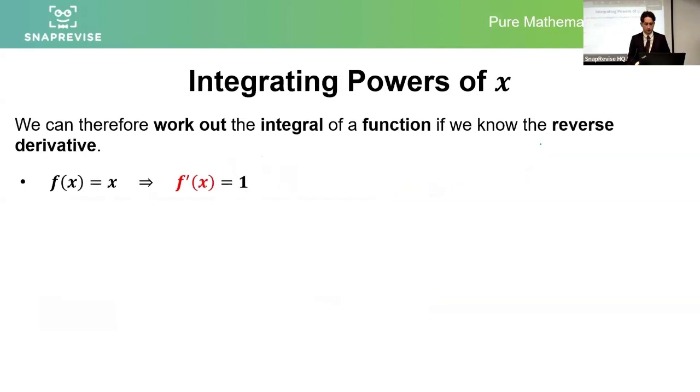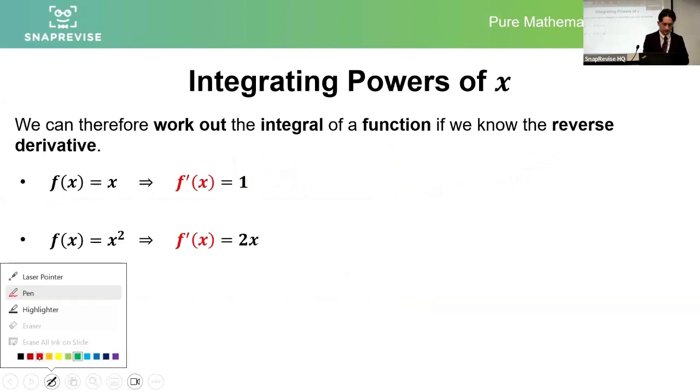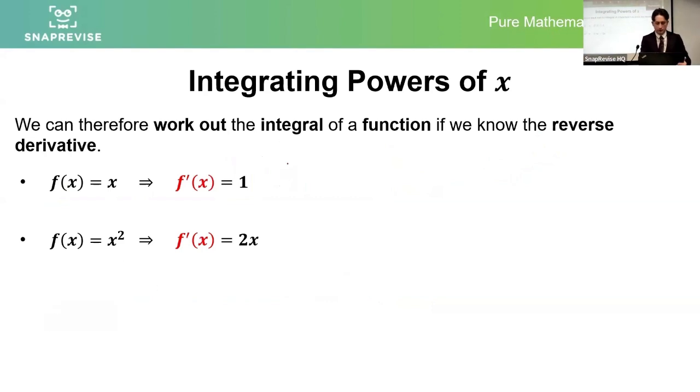Right, let's power through. Now, really the basics to start with, looking at reversing the process. If I have f of x differentiated is 1, then I should know that the integral of 1 with respect to x is x plus c.